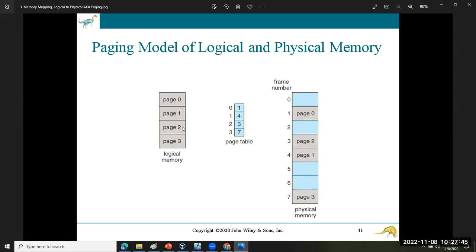So here you see logical memory pages, and here you see the physical memory frames. And can everybody see this component in between, referred to as the page table, right?